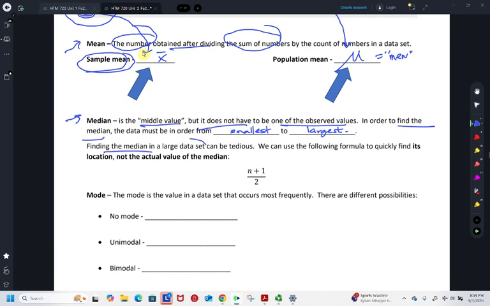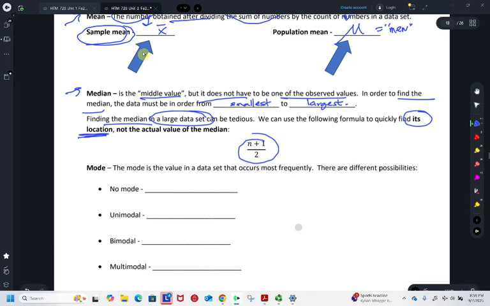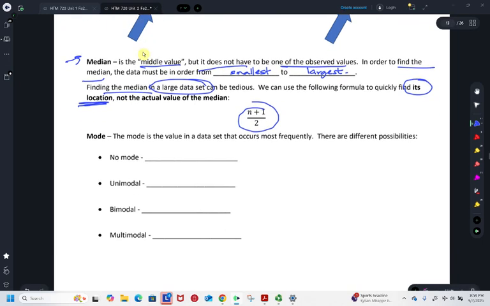Finding the median in large data sets can prove to be very tedious, and so sometimes we can use an index that helps us figure out the location in order to locate the actual value of the median. That is given by this formula, which we might not really use, but we'll be using StatCrunch to help us implement technological ways of computing this.